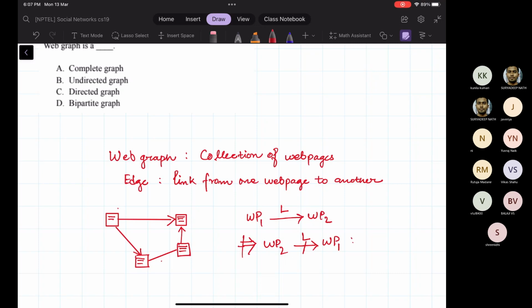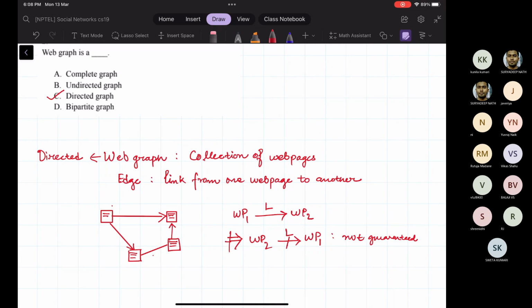This is not guaranteed. Therefore, this web graph is directed. The right answer is option C, a directed graph.